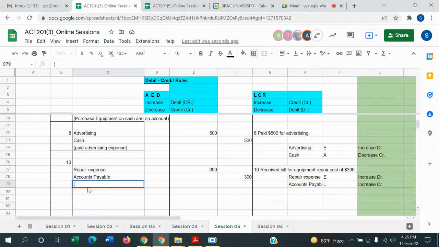So that's why it goes under accounts payable. If they mention received bill and paid for repair purposes, then you should consider cash. You just got the bill from them that you are now liable to pay to them. Okay.